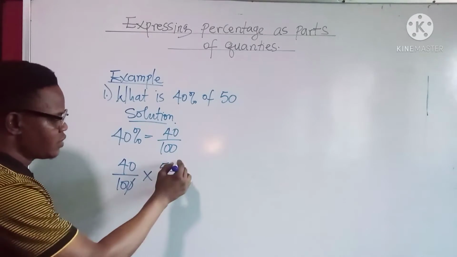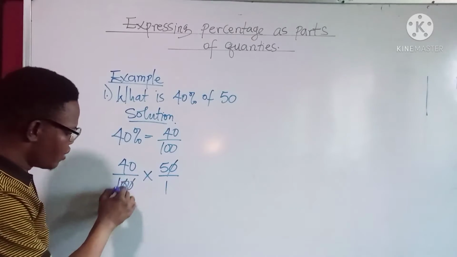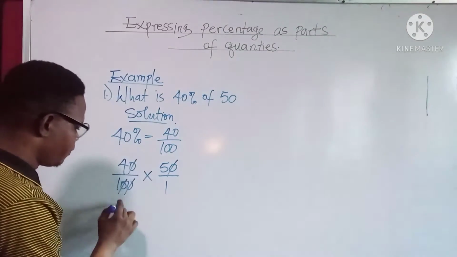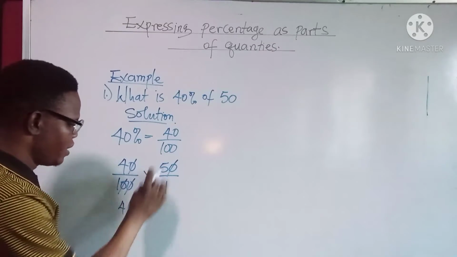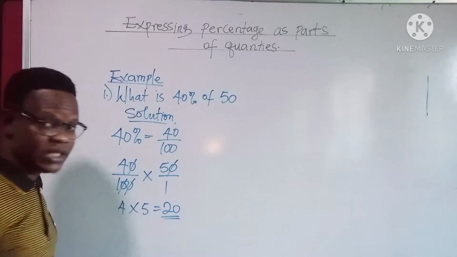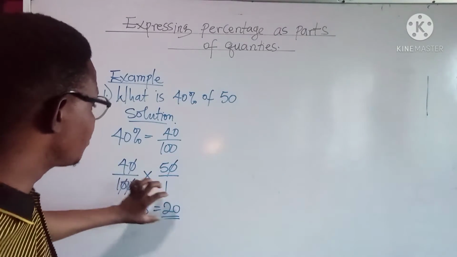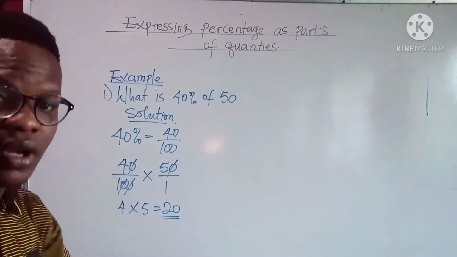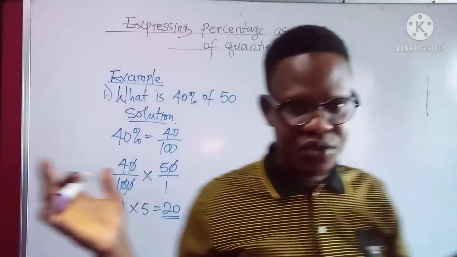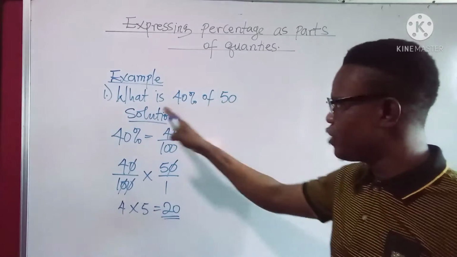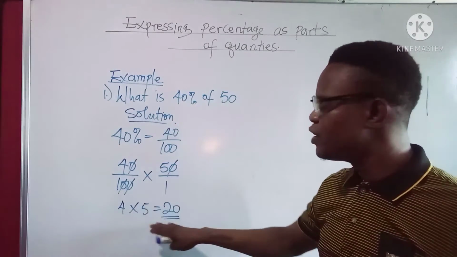This 0 can cancel this 0 here, and this 0 can cancel this 0 here. So bring out the 4, multiply by the 5, and that is 20. This simply means you have gotten 20 marks out of 50. That is why you are seeing 40% in your script. So what is 40% of 50? 40% of 50 is 20.